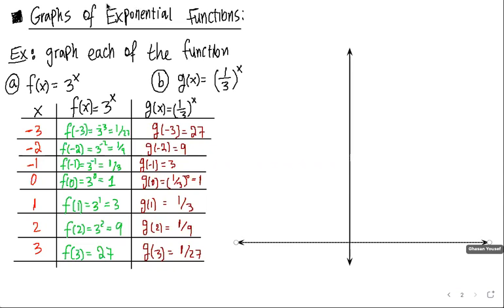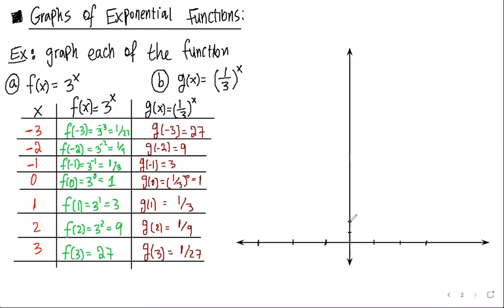I need 0 and -1, 2, 3. So here is 0, 1, 2, 3. And in the same way, the minus is -1, -2, -3. For the y values, it is 1, 3, 9. So this is 1.